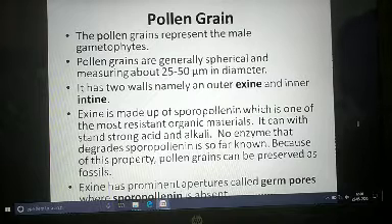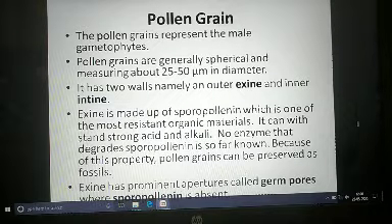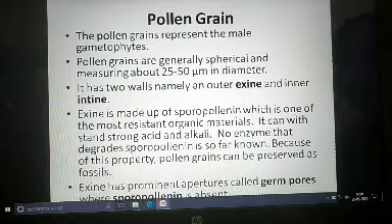So let us see what pollen grains are. Pollen grains represent the male gametophyte. The pollen grain is not the male gamete actually. It possesses male gametes within. So the name given is gametophyte.